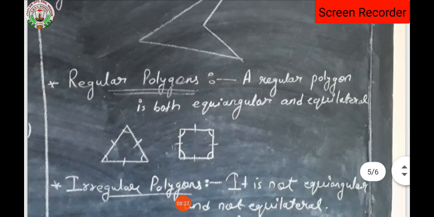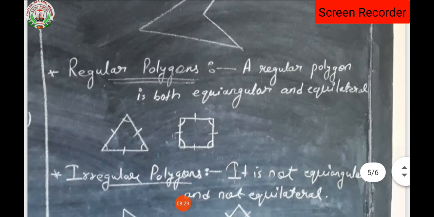Now next comes a regular polygon. A regular polygon is both equiangular and equilateral. What is equiangular? Suppose we are talking about an equilateral triangle, where all 3 sides are equal as well as all 3 angles are of the same measure, that is 60 degrees. Such a kind of triangle is said to be equiangular.